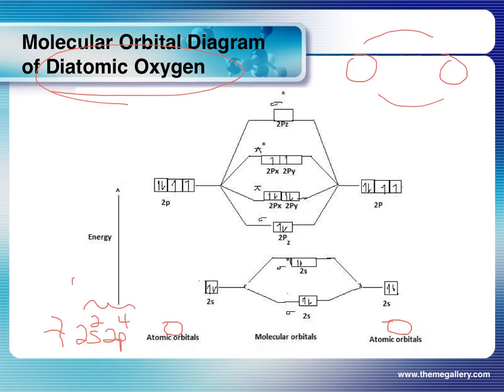It has six valence electrons. Both oxygen atoms do. Here are the two s electrons. They combine to make two molecular orbitals in a sigma bond, direct head-to-head overlap.